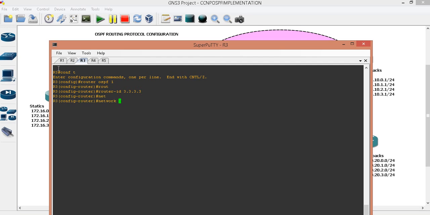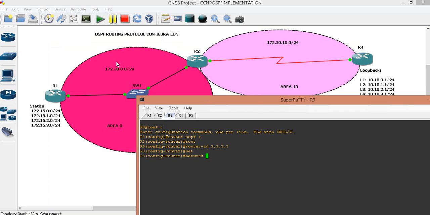And network. Which network are we going to configure? The same shared network here, 172.30.0.3, wildcard mask all zeros, and area 0.